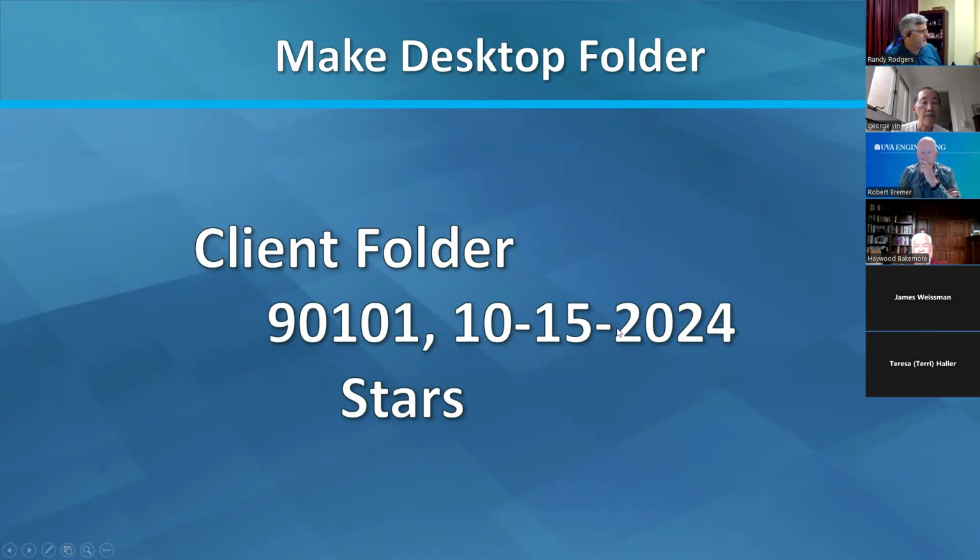And we're going to put dashes in here because slashes don't work in a file system. It'll yell at you if you try to put slashes. So I want to put that together, and then I'm going to make another folder, and I'm going to make stars. Okay. And I'll explain the stars here in a second.